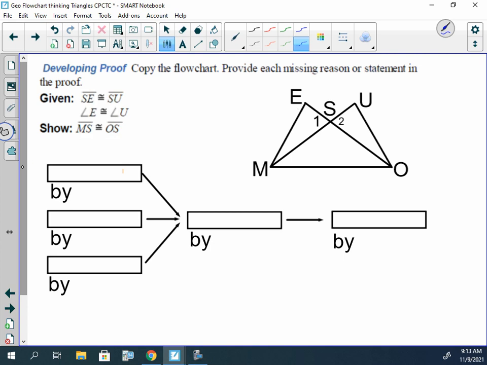Copy the chart proof and provide the missing information, or we're just going to go on and prove it. Now, we can start off with the given. What else do we know?